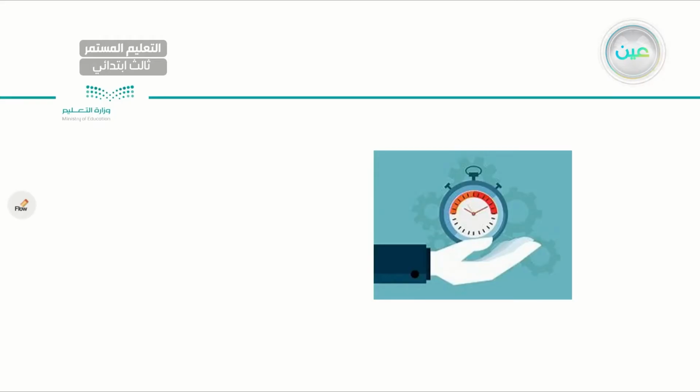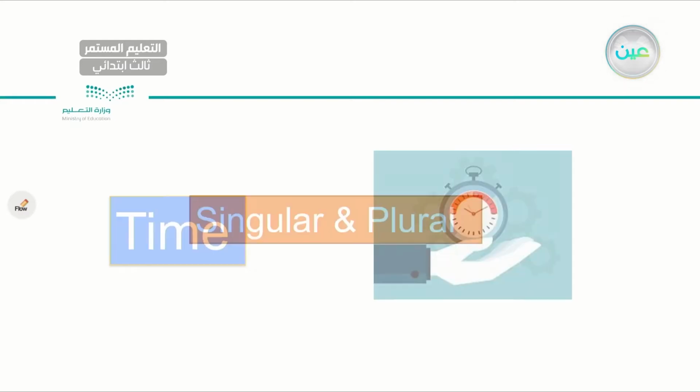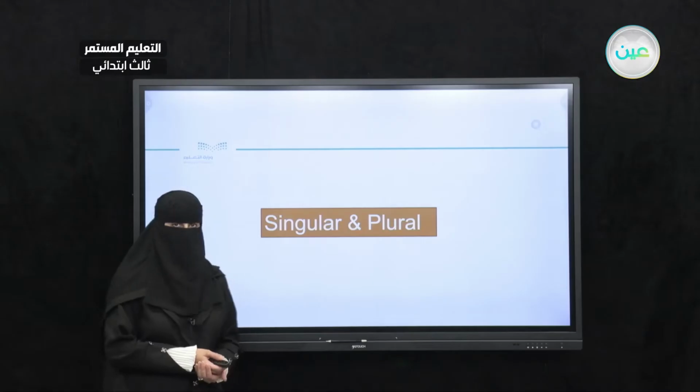Whenever you see this picture, the first thing that comes to your mind is the word time. And this is the name of our unit, time. Remember, time is precious.